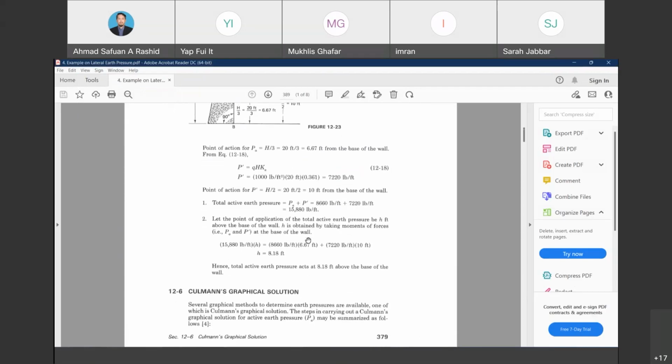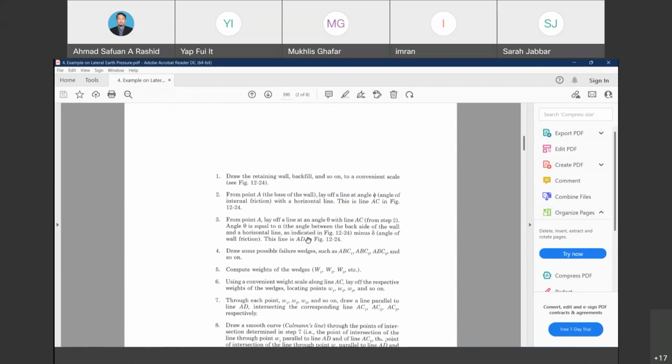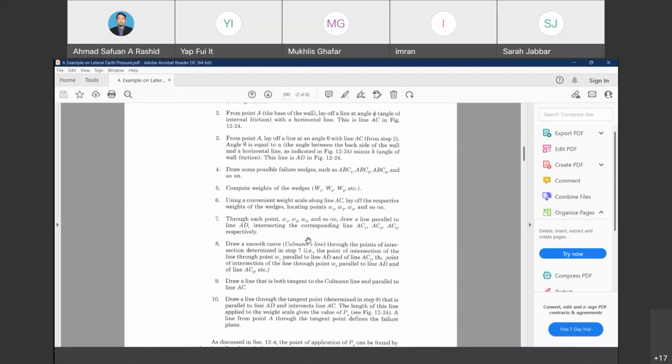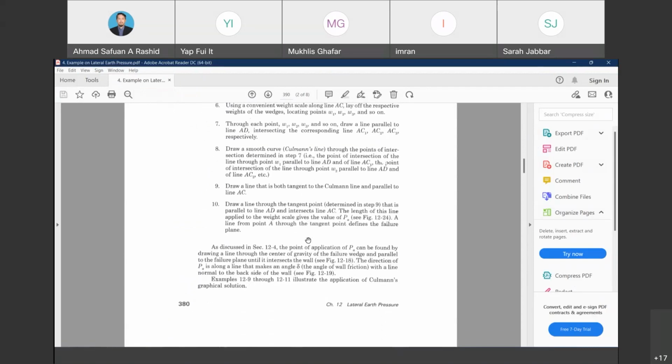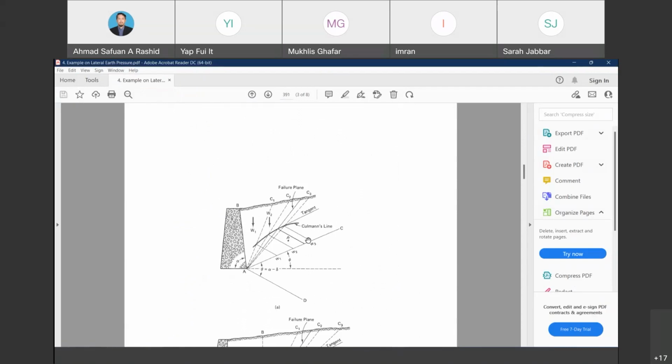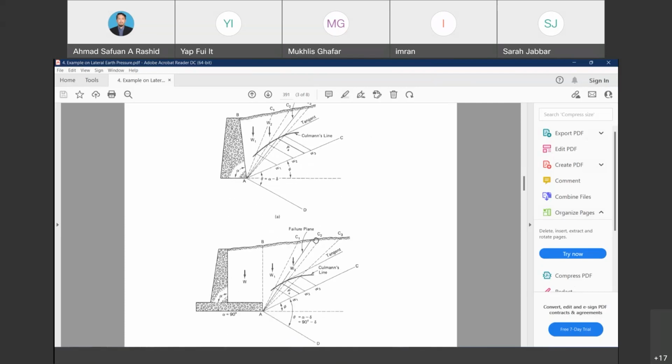Okay, so this is based on the static Coulomb approach.